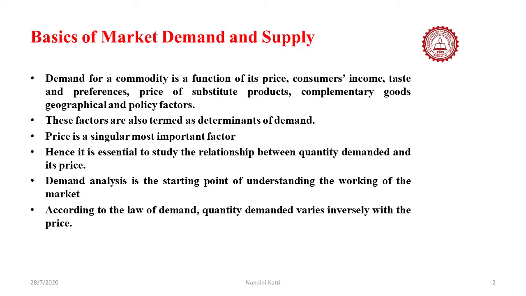However, we know that price is the single most important factor determining the demand for a commodity. Hence, it is very essential to understand the relationship between demand and price and how quantity is influenced.